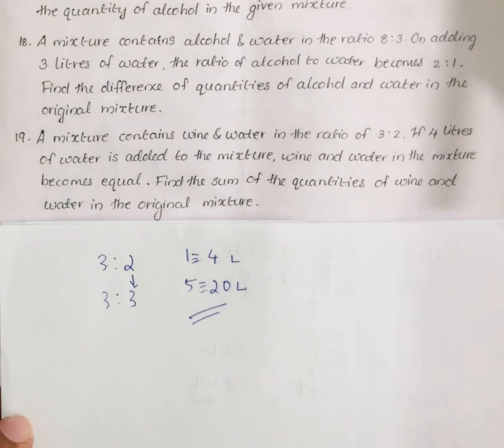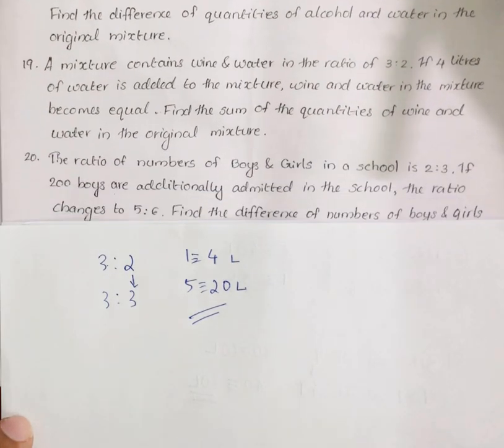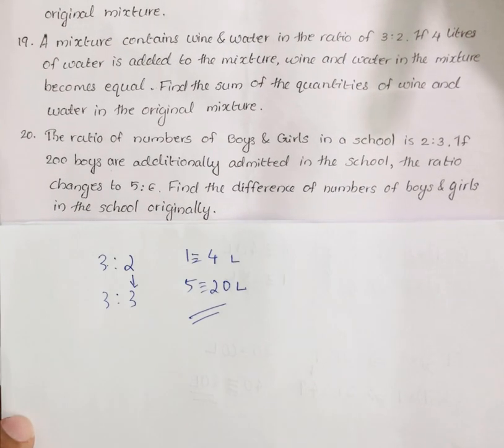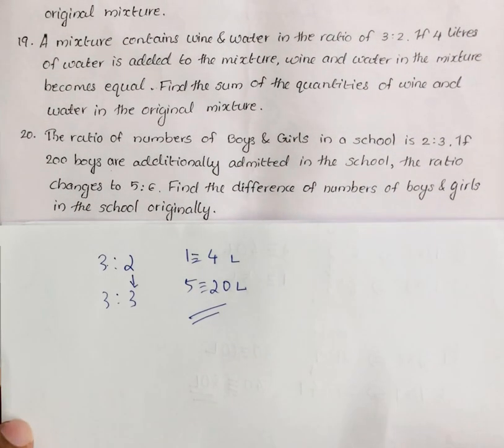Okay, just one more question of the same type. The ratio of number of boys and girls in a school is 2:3. If 200 boys are additionally admitted in the school, the ratio changes to 5:6. Find the difference of number of boys and girls in the school originally.